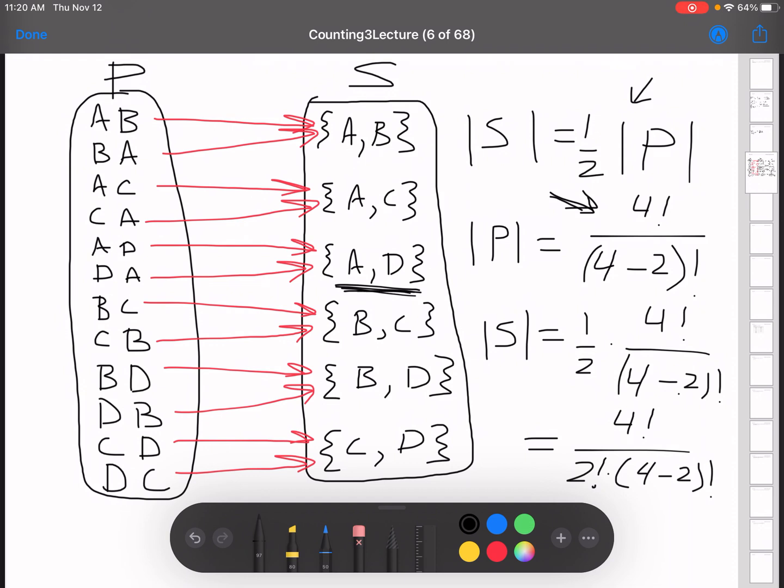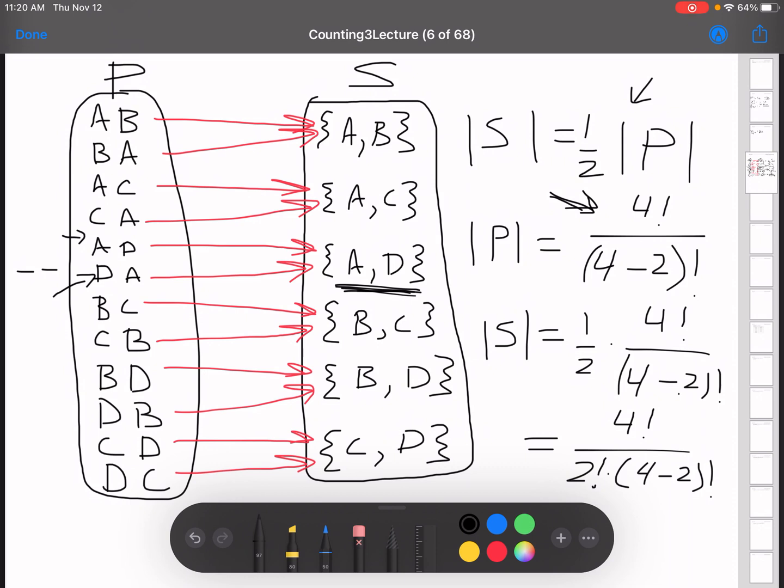It's 2 factorial ways, because you think of it as 2 positions. You could put AD, or you could put DA. That's 2 factorial. So that's why it's 2 factorial there.